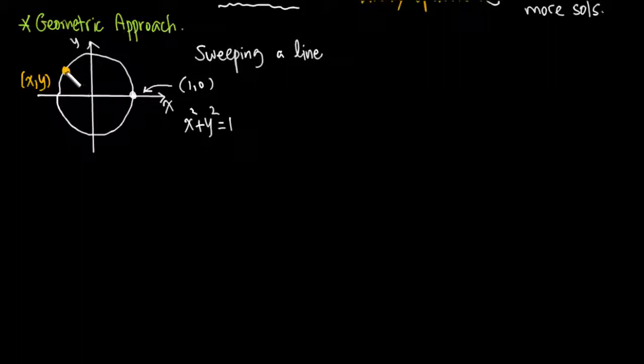Then if you draw a straight line from here to there, like this, and continue it here, the idea is to think about the slope of this line. You know how to calculate the slope: the difference of y-coordinates divided by the difference of x-coordinates. That's the slope.